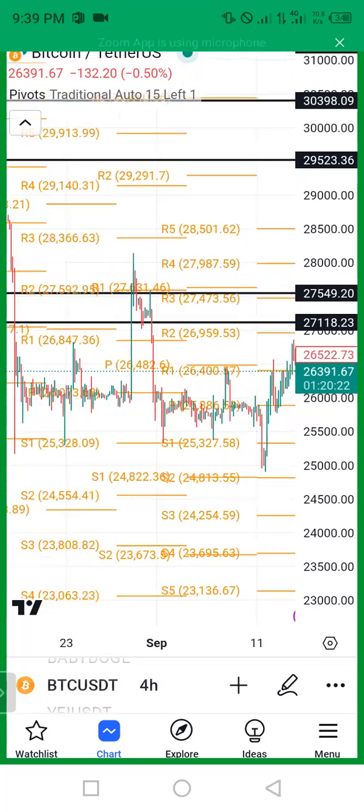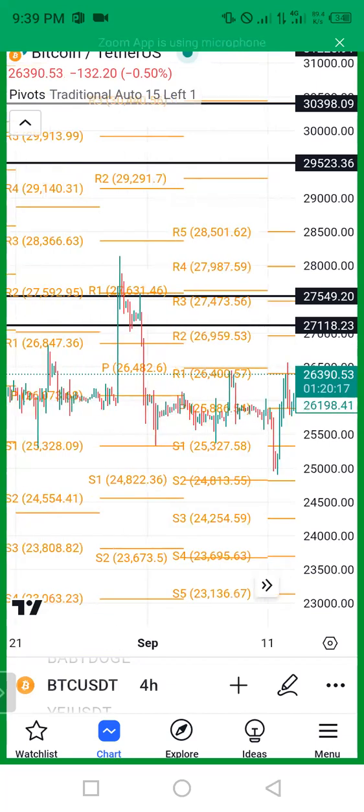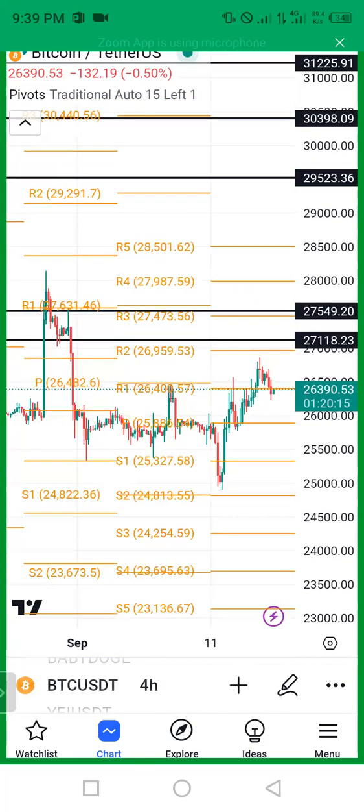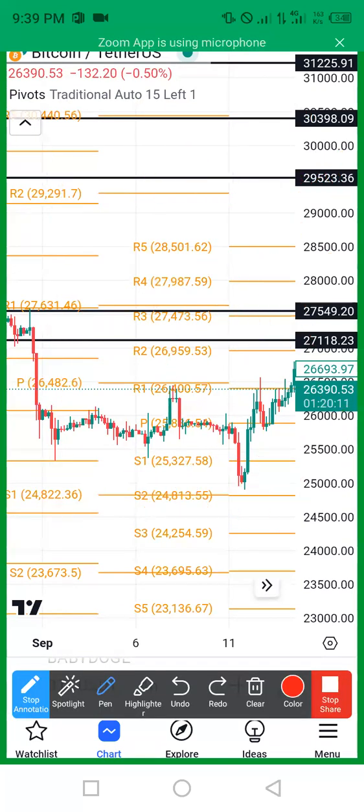Because when we look at this one, from where it started, it is from here to here. When you count the candles which are in there, you will see that it is a full month.